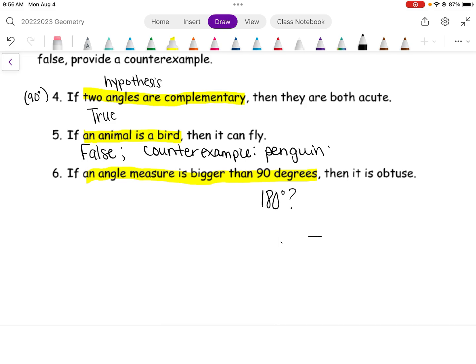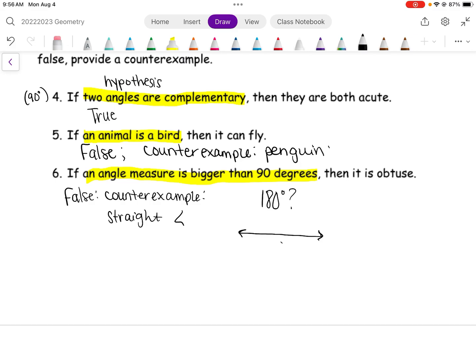Think about what we've learned about 180 degrees on a protractor. That looks like this. Did we classify this as an obtuse angle? No, we did not. We actually classified that as a straight angle. It's kind of like a line. So this one's also false. Counterexample. You could say 180 degrees or a straight angle.